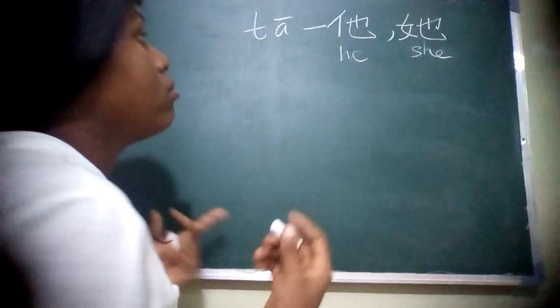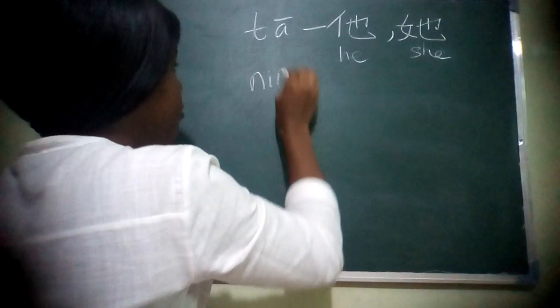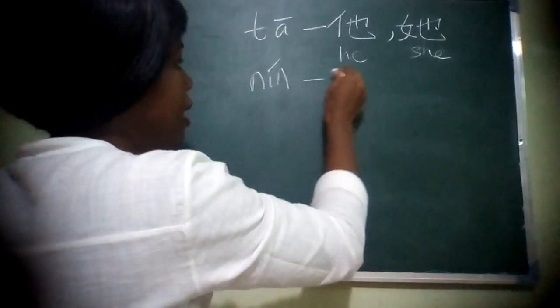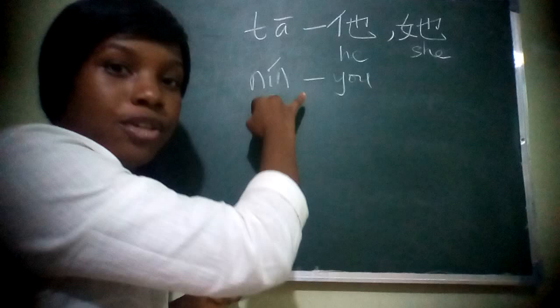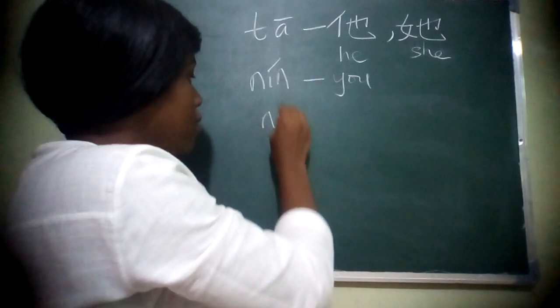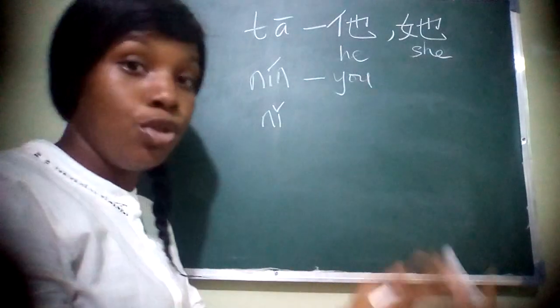Okay, which one do I use? Okay, nin. This stands for you. But this particular you, the normal you is ni. This stands for just the normal you.